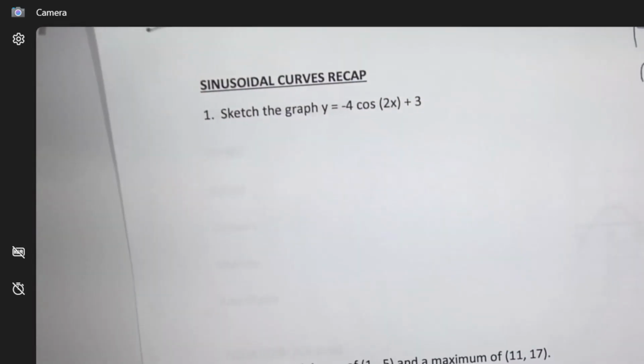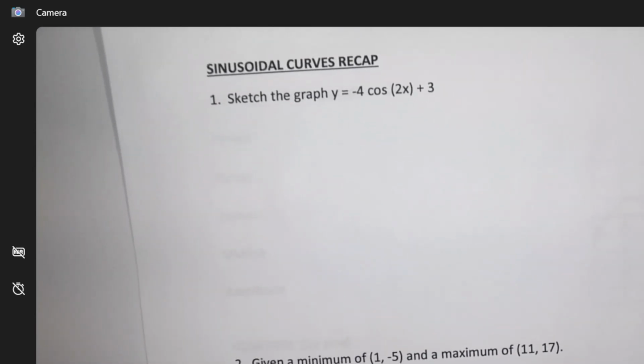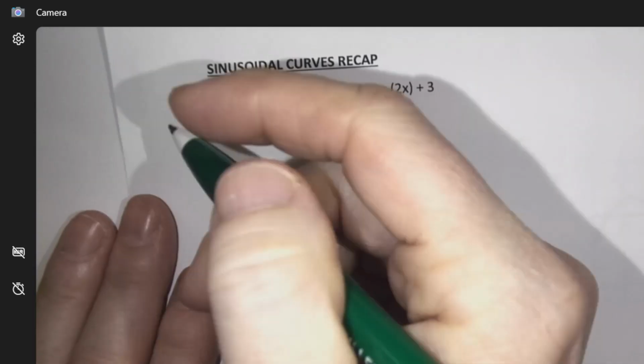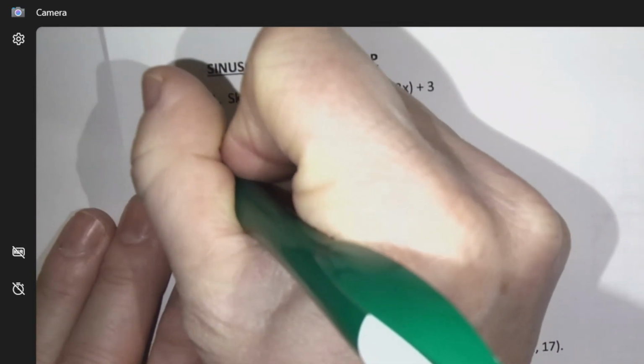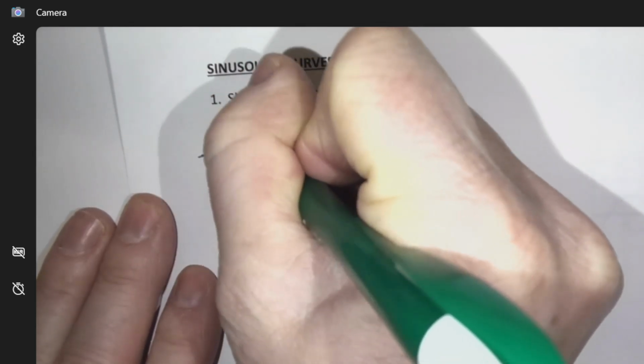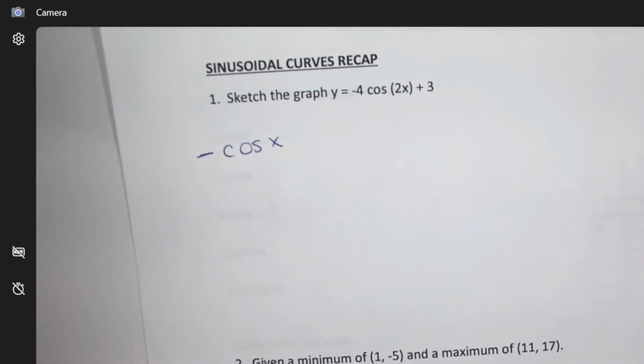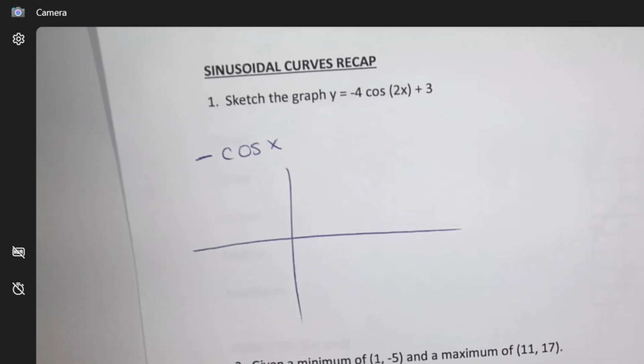Okay, so I'm going to start this graph with a startup graph with negative cos. How do you draw just a negative cos graph? What would this shape look like? It's negative, so think about a cos, but make it reflected.